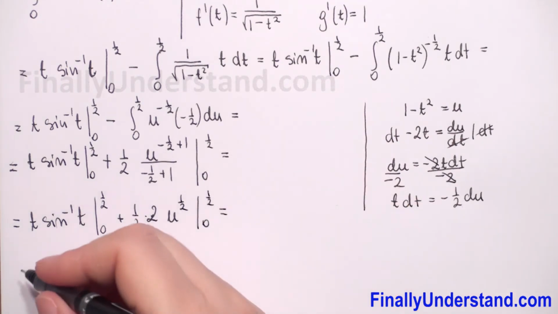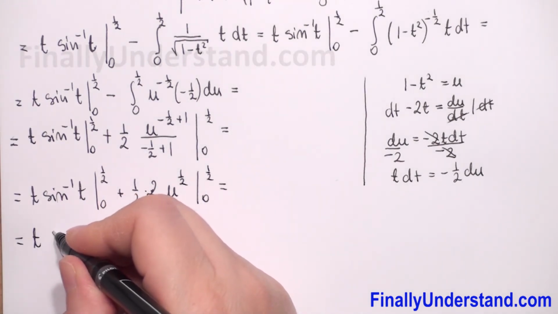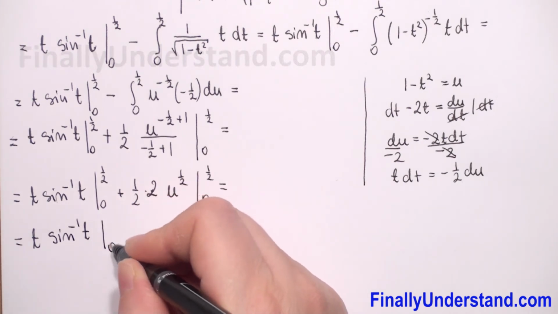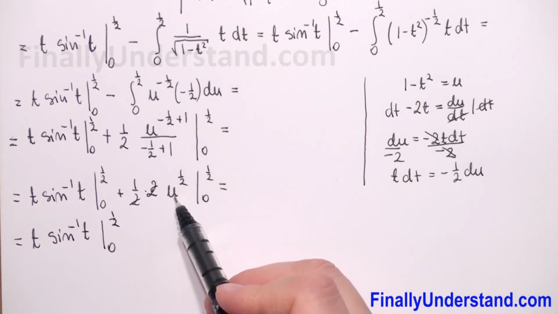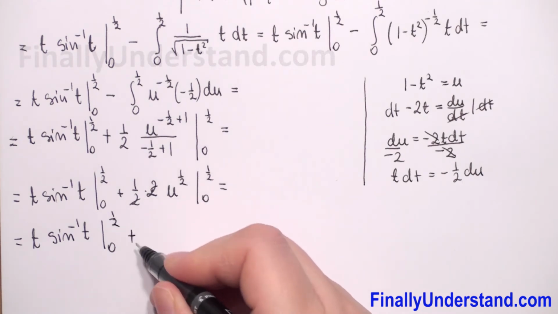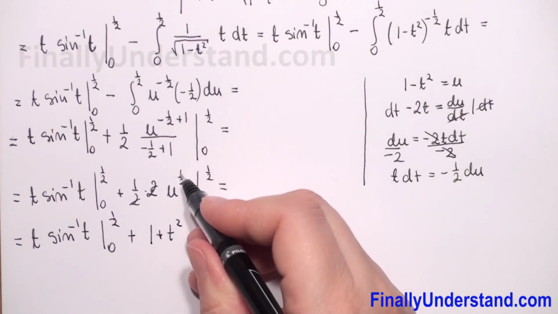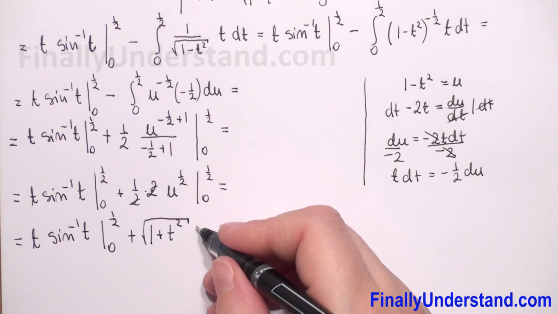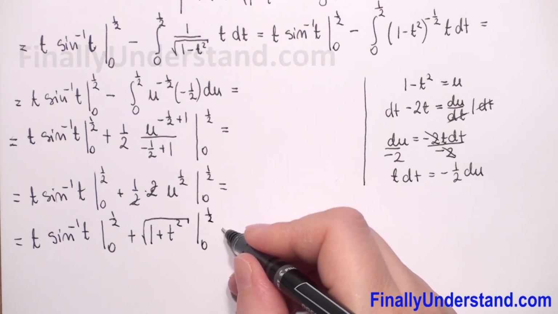So this is equal to t times inverse sine of t, limits from 0 to 1/2, 2 and 2 cancel, and now we come back to substitution because I didn't change the limits, so it will be plus 1 minus t square to the power 1/2, so this is the square root of 1 minus t square, and we have limits from 0 to 1/2.